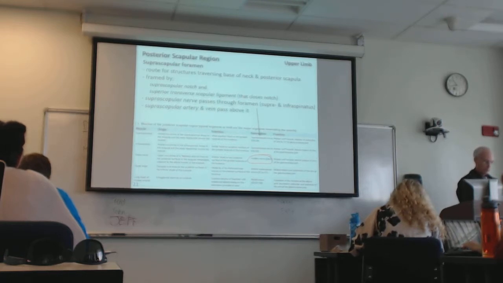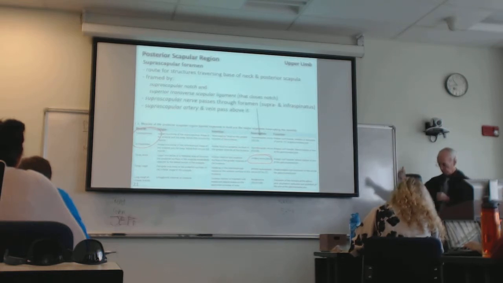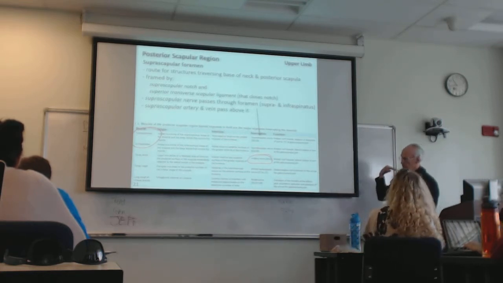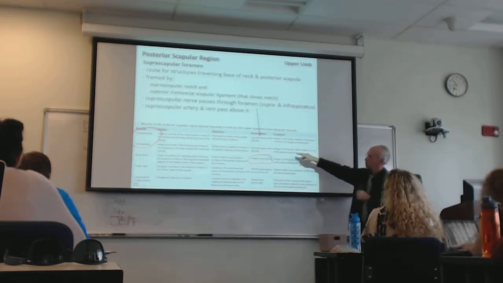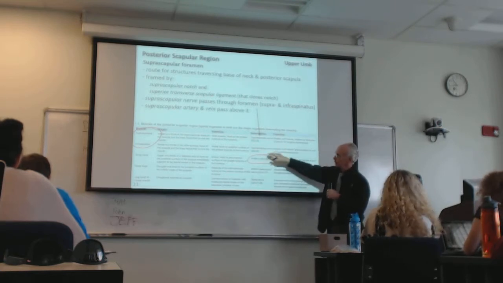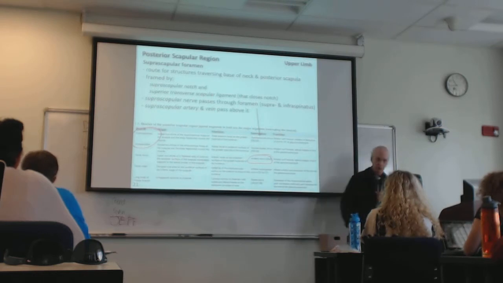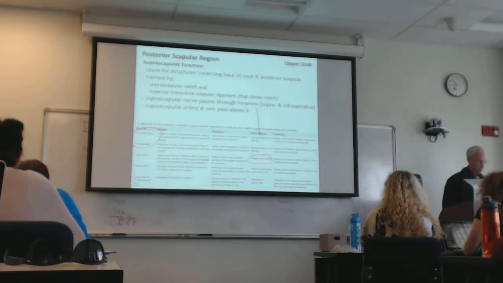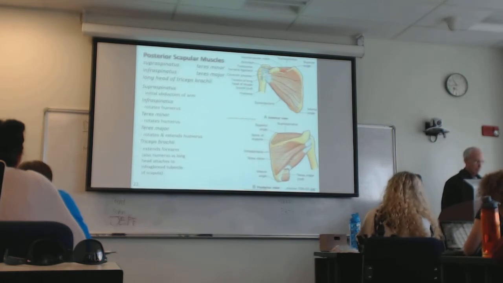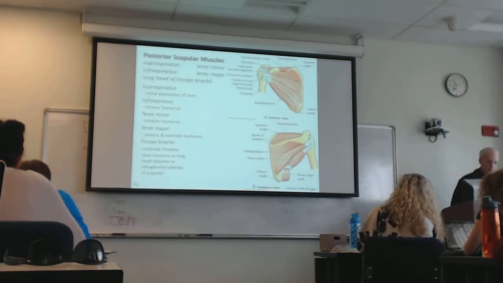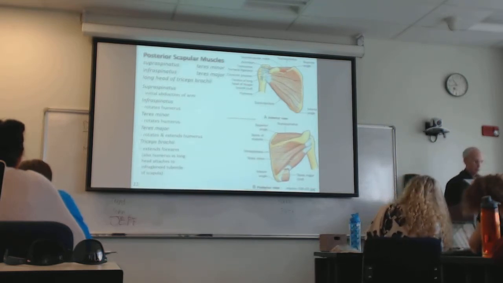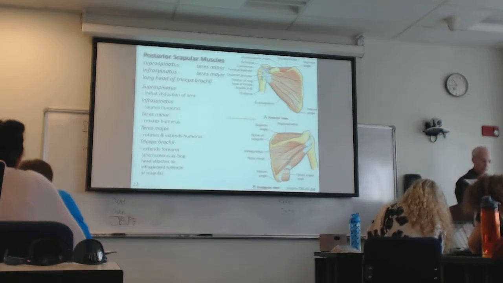But again, the supraspinatus muscle, important for initial abduction, lies above the spinous process, innervated by the suprascapular. The infraspinatus is below the spinous process on the posterior side of the scapula, also innervated primarily by the suprascapular. So here we're looking, and this slide is labeled posterior scapula, but what you can also see here on the anterior, this is anterior, this is posterior.